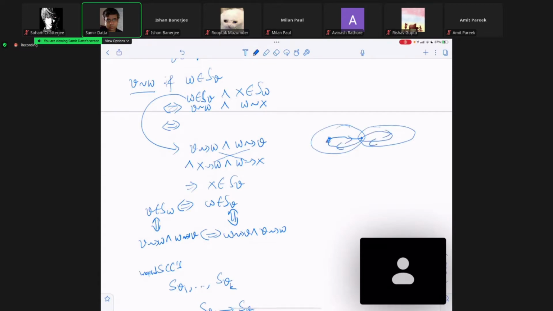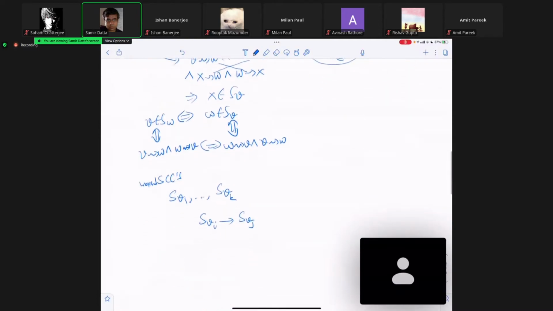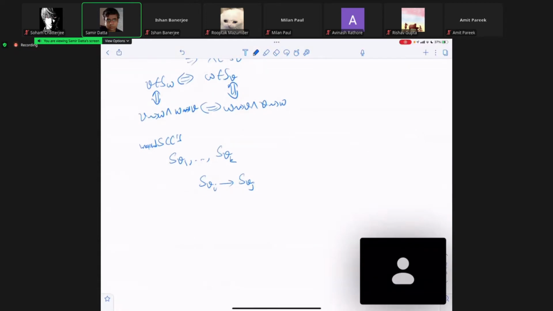Therefore you can go from here to here, or come back from here to here. So these are basically the same maximal strongly connected component, correct? Okay, so is that clear? That is what you were saying, no? Yes, sir, it's clear.